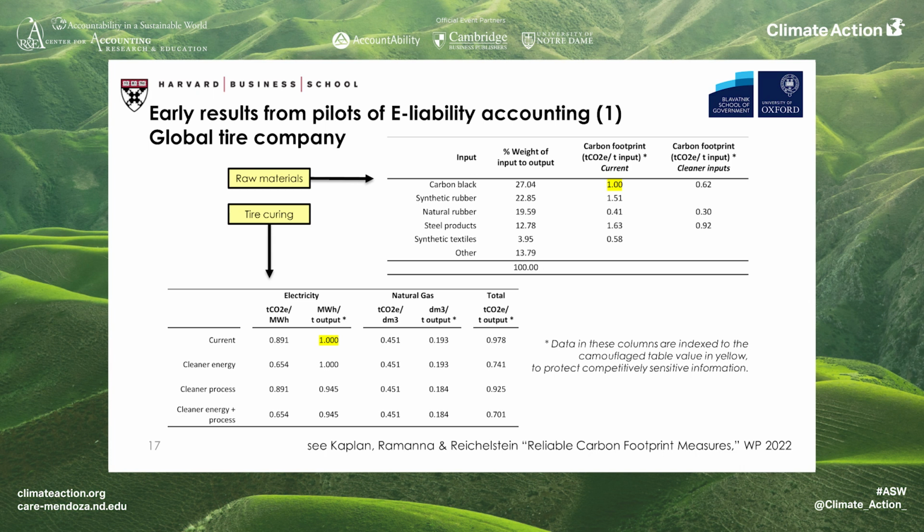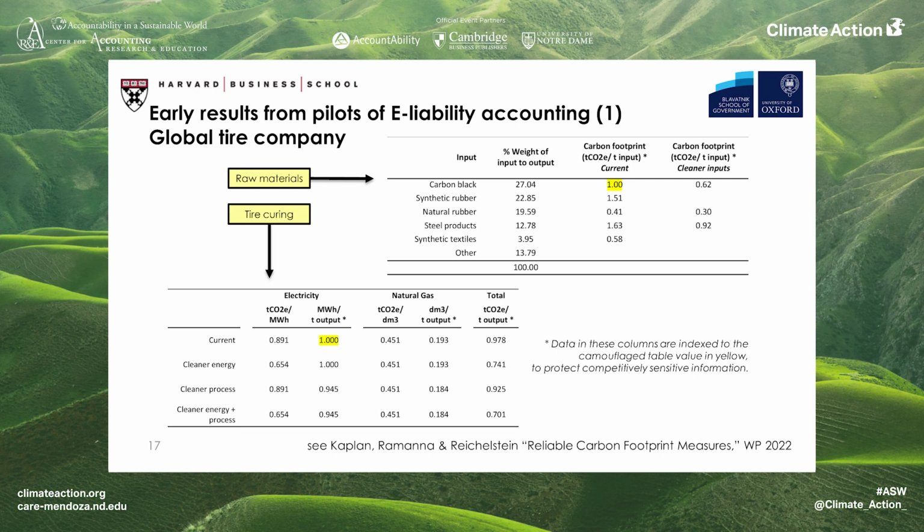So the first thing they said is, what if we put some solar panels on the roof of our factory? What will be the GHG impact of those solar panels, and how will that impact our emissions efficiency of the tire curing process? And that's what you see in the second table, the lower table on slide 17.